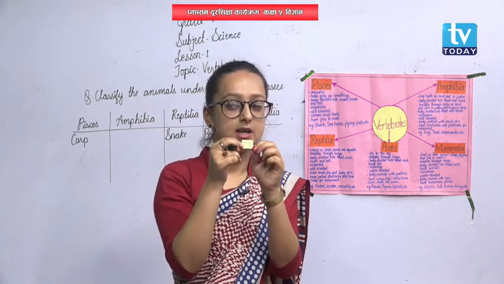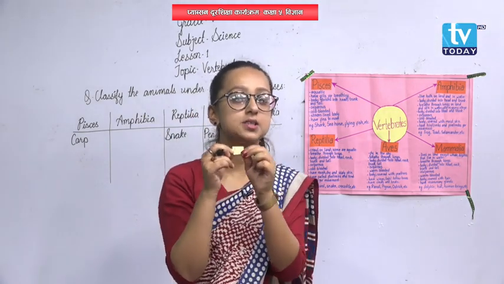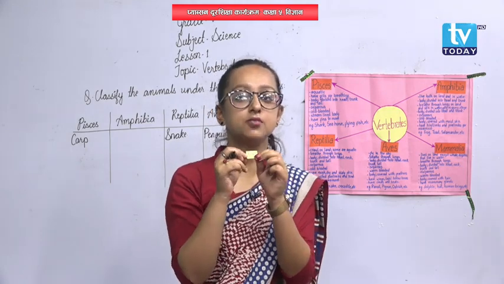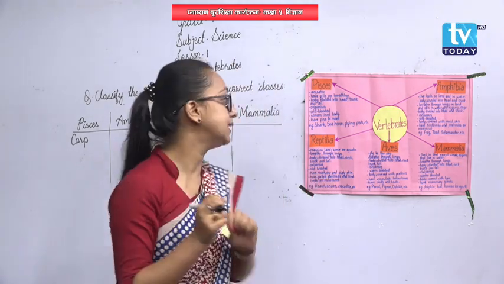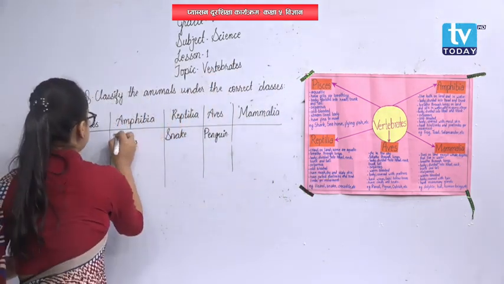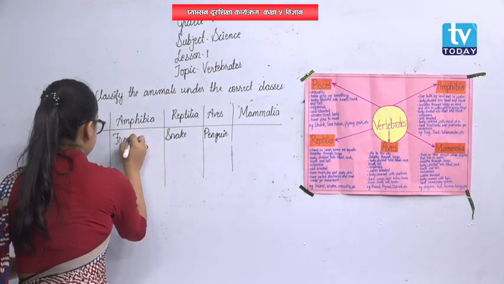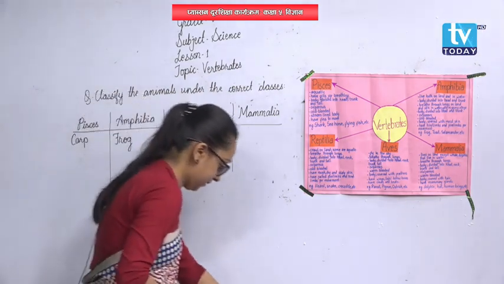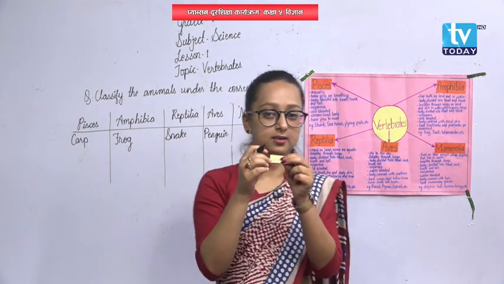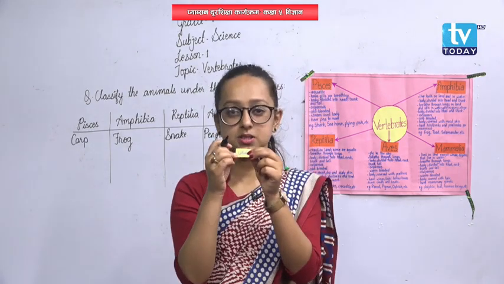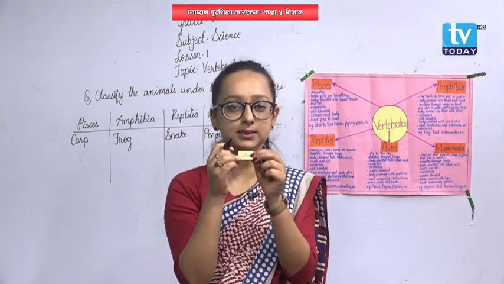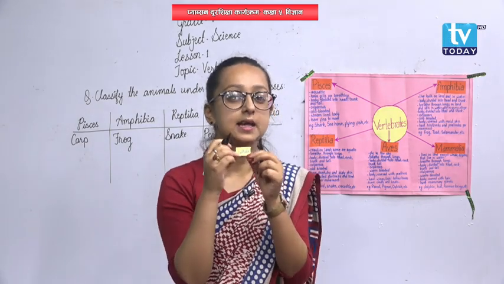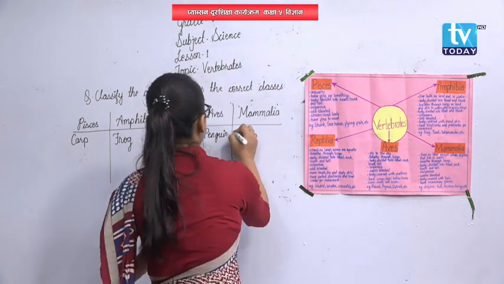Frog lives both on land as well as in water. So, in which class does it lie? It lies in the class Amphibia. Whale, it's an exceptional case in mammals. Yes, whale lies in the class Mammalia.